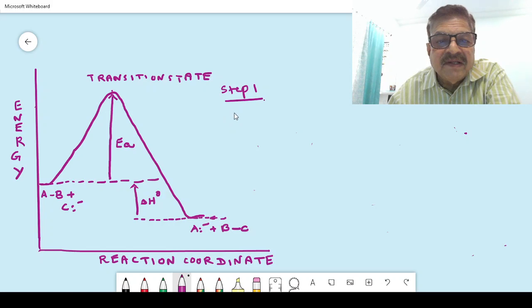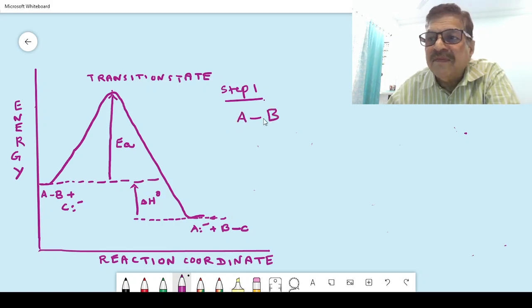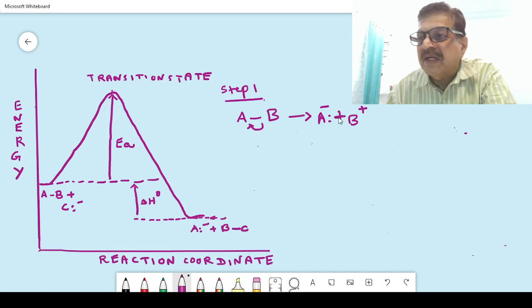Therefore, this will be like this. AB bond, heterolytic cleavage means this is electron displacement, we can show here like this. So we will be getting A minus and B plus. Correct. These ions are formed in the heterolytic cleavage here.